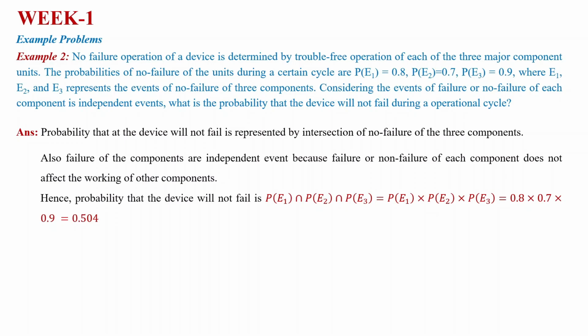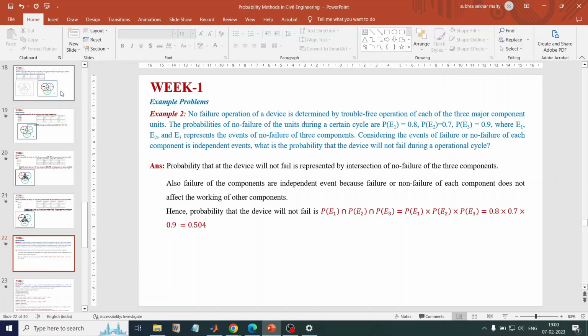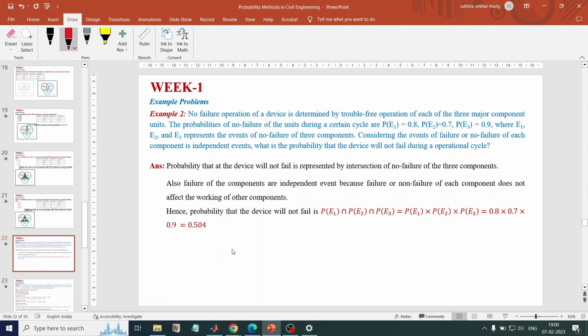That is, suppose the probability is 0.99 multiplied by 0.99 multiplied by 0.99, then the probability of no failure will be 0.97.